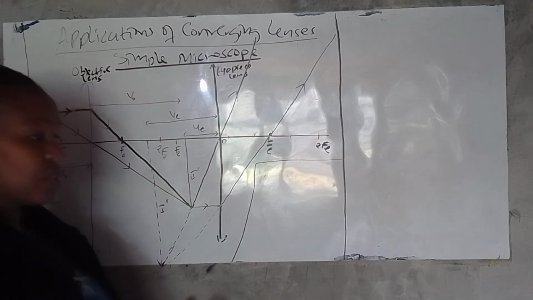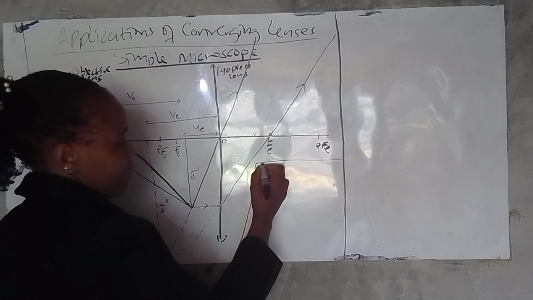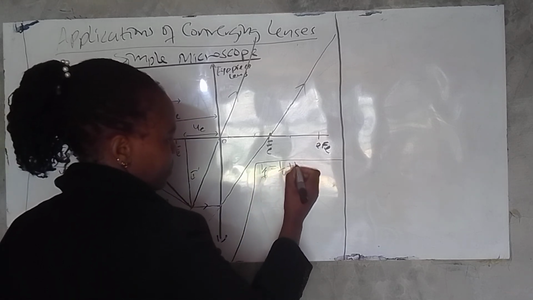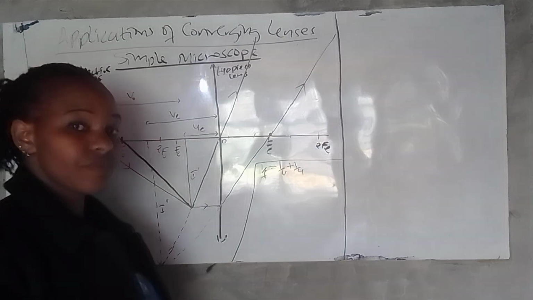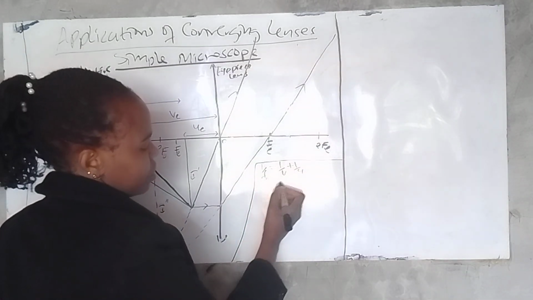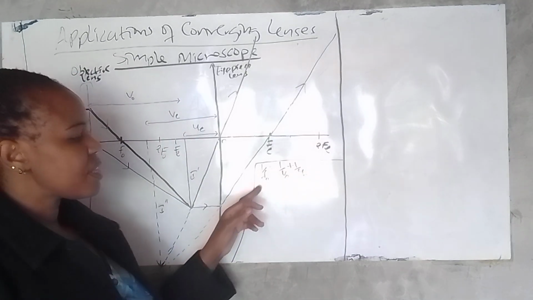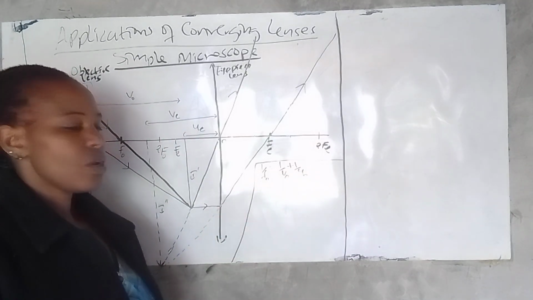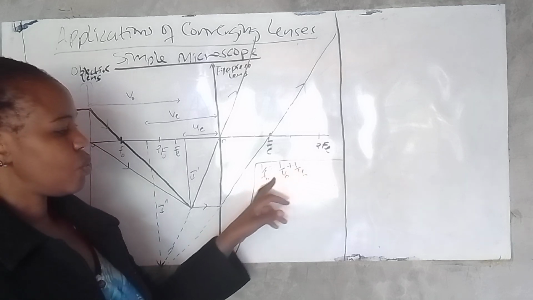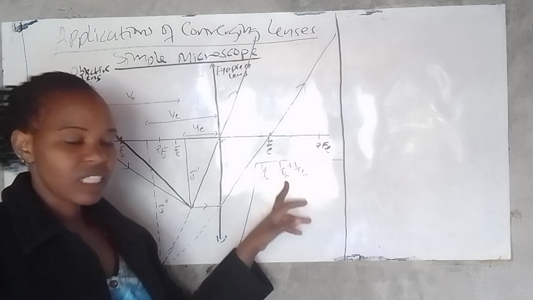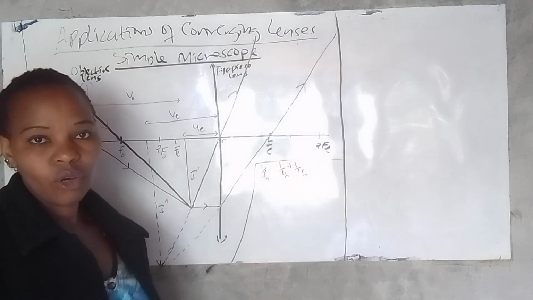Now, before I go to magnification, we need to go back to the lens formula. 1 over F equals 1 over V plus 1 over U. But let's talk about F naught, V naught, and U naught. Why? Because we are dealing with the objective lens. So focal length of the objective lens, image distance of the objective lens, and object distance of the objective lens.